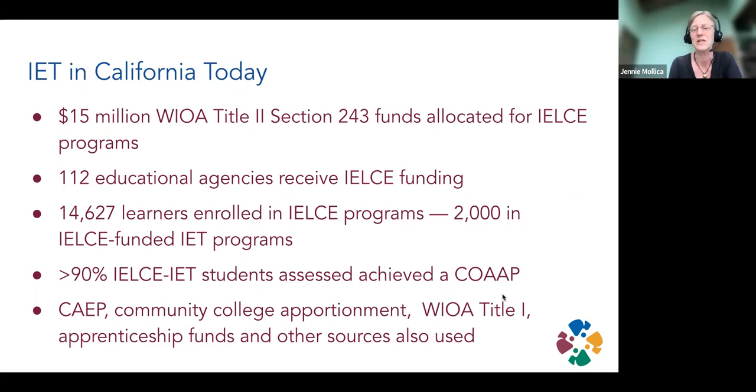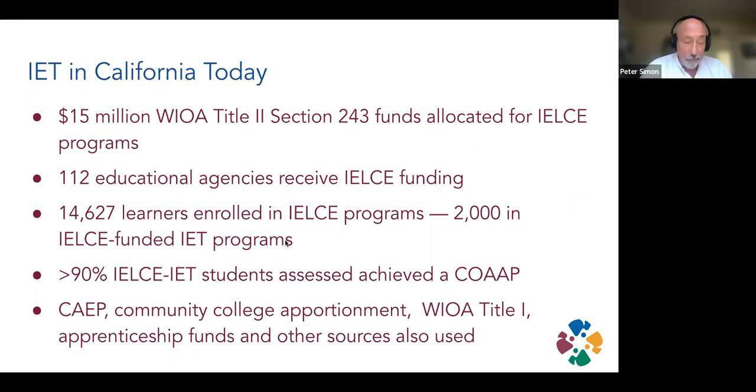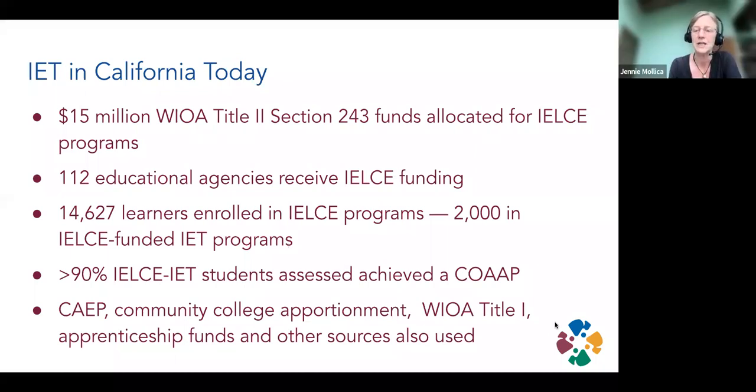This is California's means of assessing and tracking student progress in these programs. And as you see in the last bullet here, these programs are using a diversity of different funding streams to support the instruction and student services. That includes CAEP dollars and community college apportionment. WIOA Title I is our other public workforce funds. So these are all going to support the growth of IET.